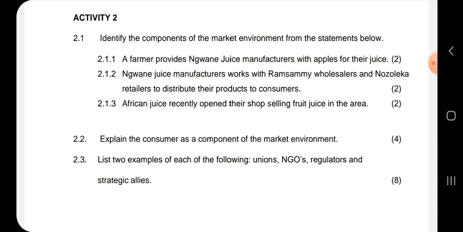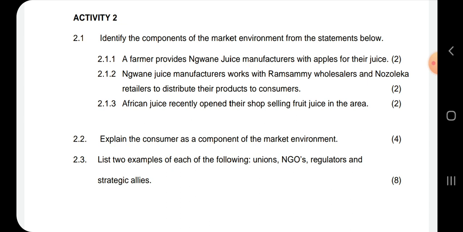Ngwane juice manufacturers produce juice. Now a farmer provides them with apples for that apple juice. And then Ngwane juice manufacturers work with Ram semi-wholesalers and Nozoleka retailers to distribute their products to consumers.